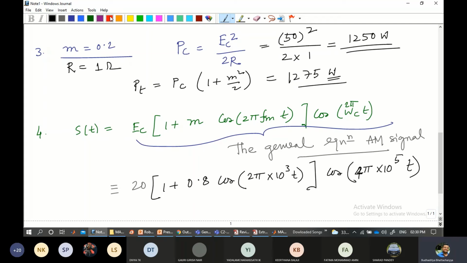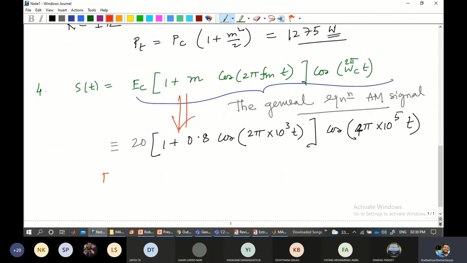You can observe that this is a clear reference to this particular equation. Hence, we can easily say by observation that Ec is 20, m is 0.8, fm is 10 to the power 3 hertz, and fc we can also write as 2 into 10 to the power 5 hertz.